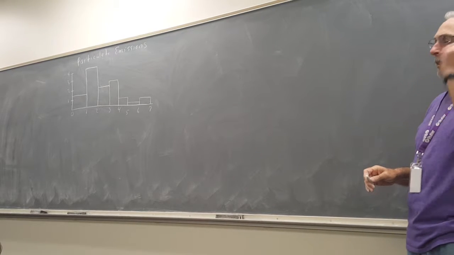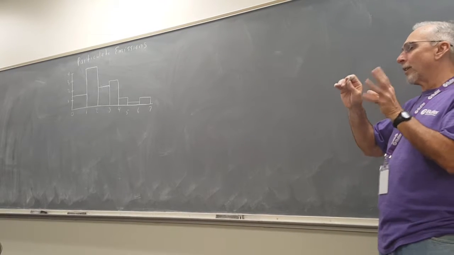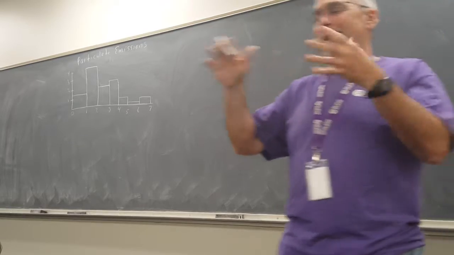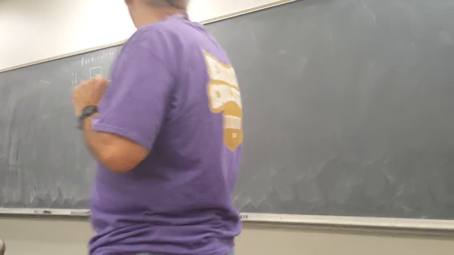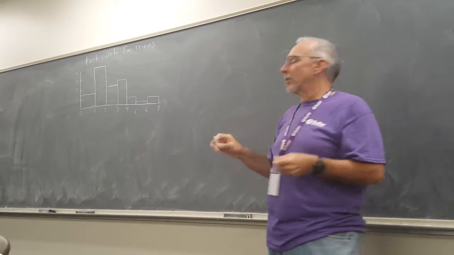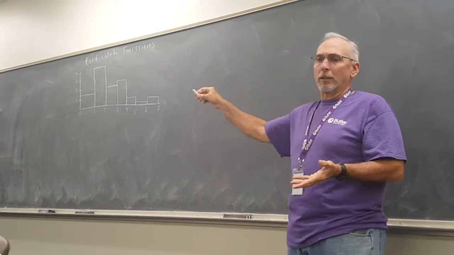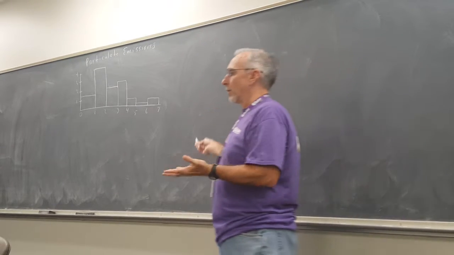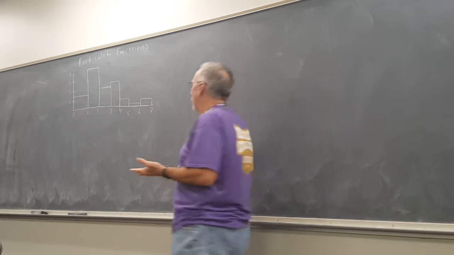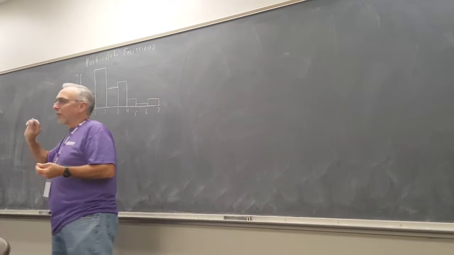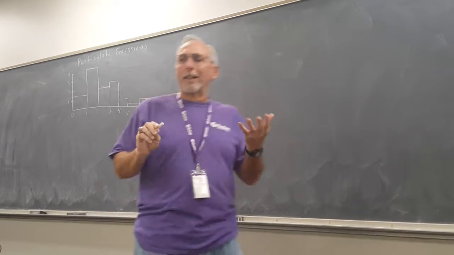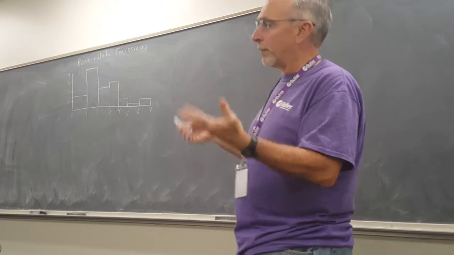But now what happens is, chapter 6, we start getting into a little bit of theory, not a lot of theory, but a little bit. Because what happens, instead of if I just took 65 cars, let's say I took 1,000 cars. Instead of having 7 different bars or 7 different classes, I might want to have 10 or 15, right?